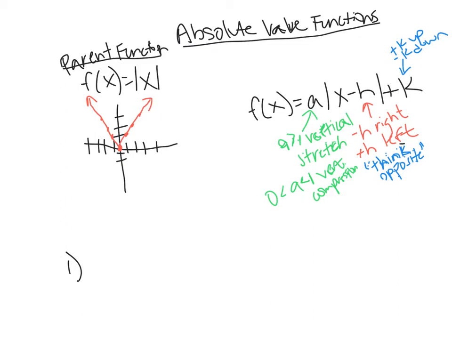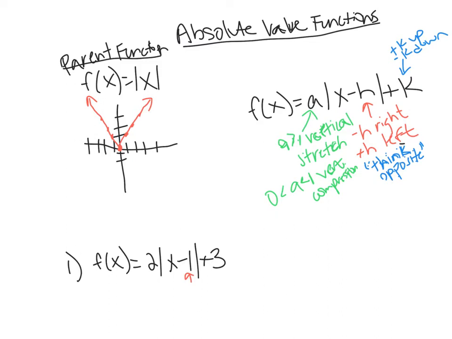If we look at the first one, what if we have f of x equals 2 times absolute value of x minus 1, plus 3. Here I'm going to start with the inside.